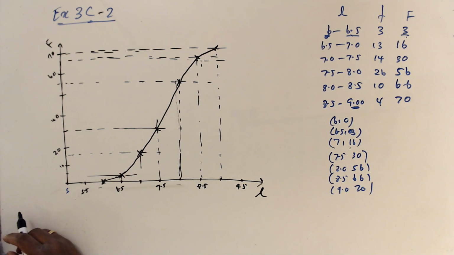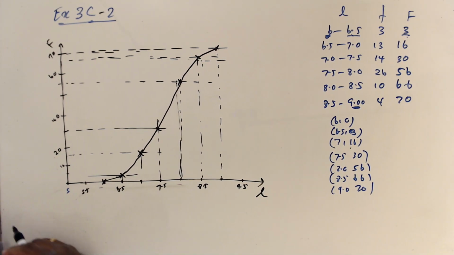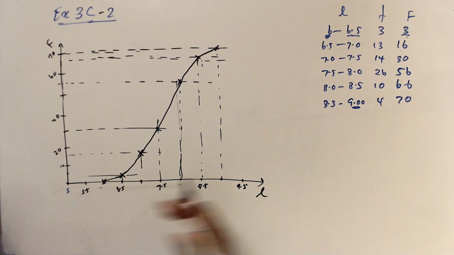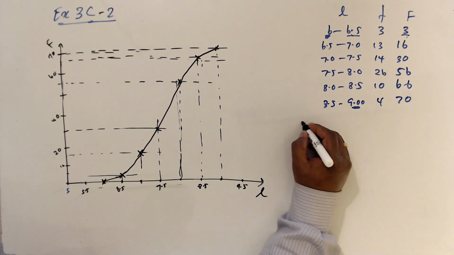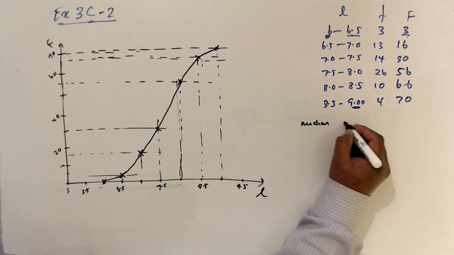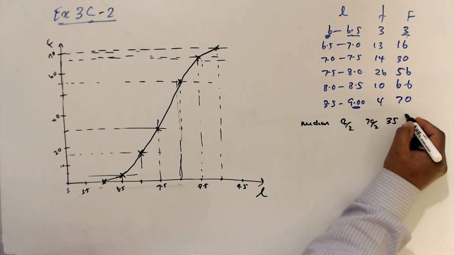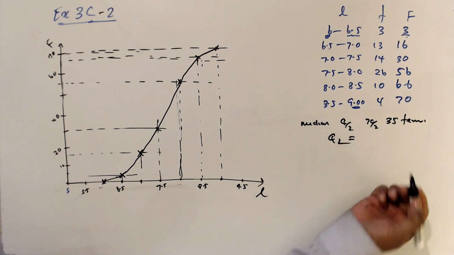The first one is estimate median and quartiles. So median is going to be Q divided by 2, 70 divided by 2, 35th term. That is Q2. I will write Q2.